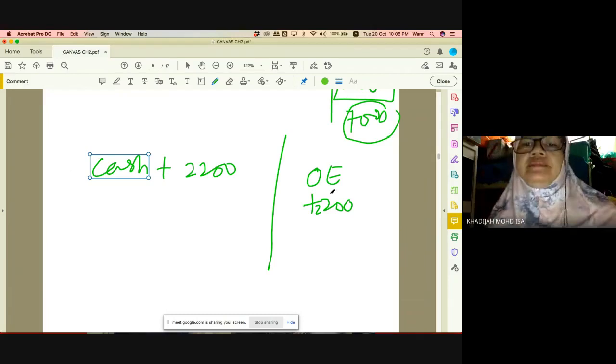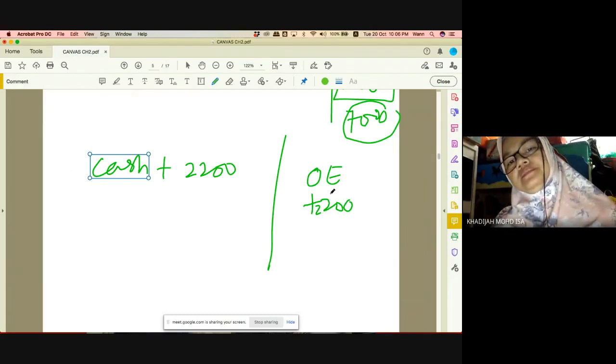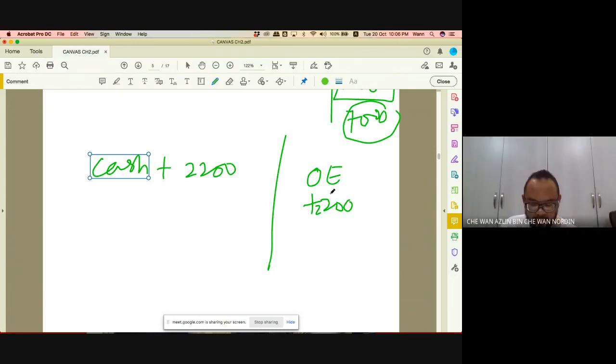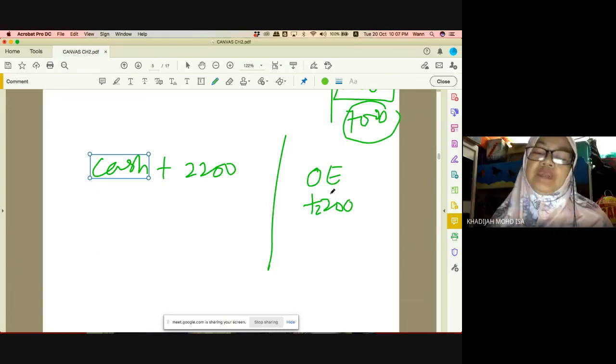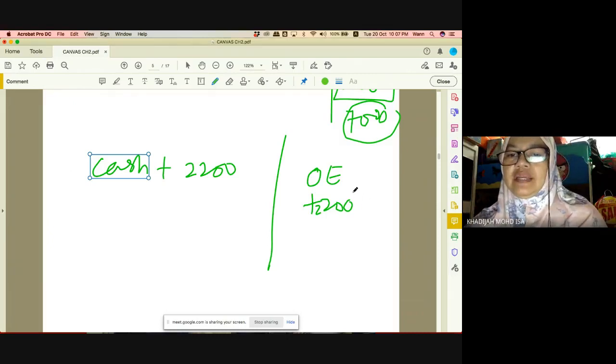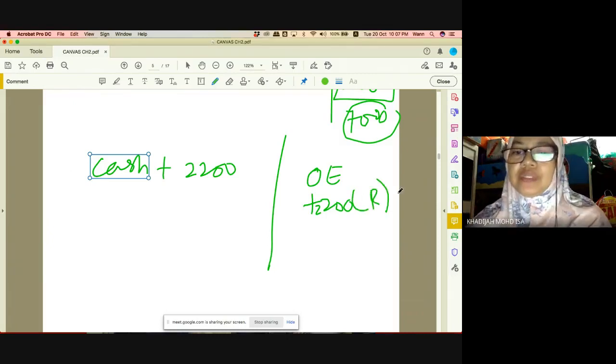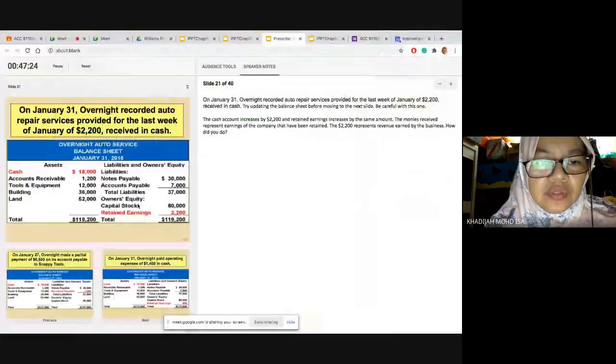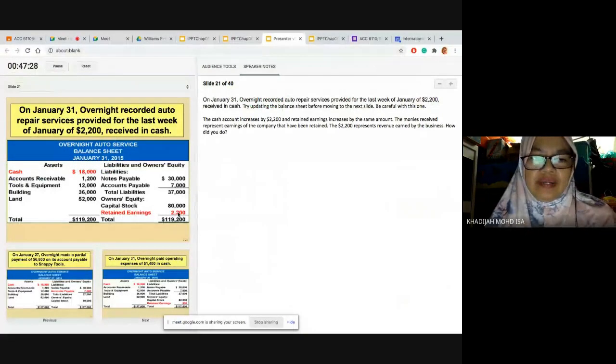Because it is revenue. Because it is in the form of revenue, that's why OE is plus. So that's why you see here retained earnings of plus 2,200, and cash also increases by 2,200.